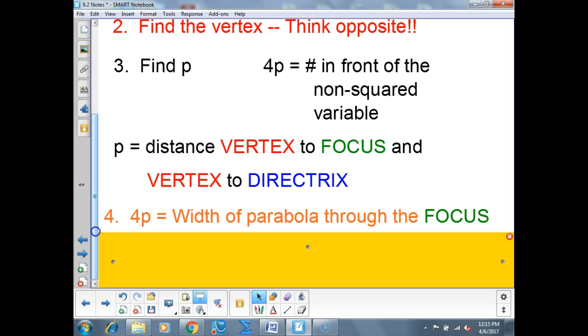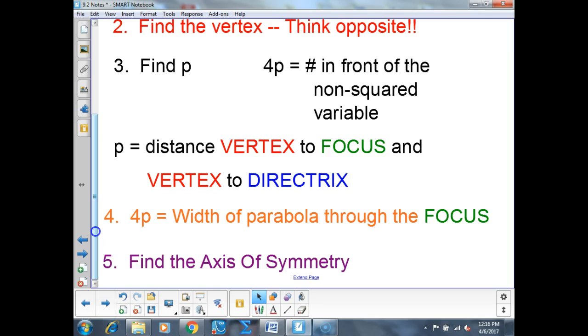So remember, the focus is the midpoint of that width through the focus. And lastly, what did we do? Found the line of symmetry, the axis of symmetry, right?